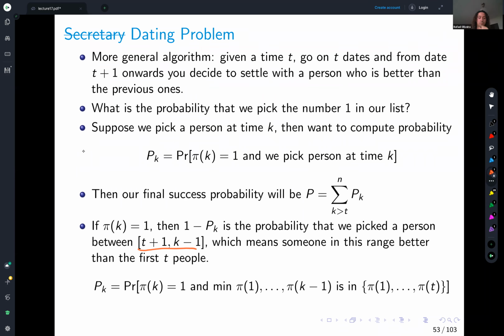So here, what do we know? We know that pk will be what? Well, the probability that pi of k is equal to 1. That was already in the definition. And we didn't pick anyone before, right?